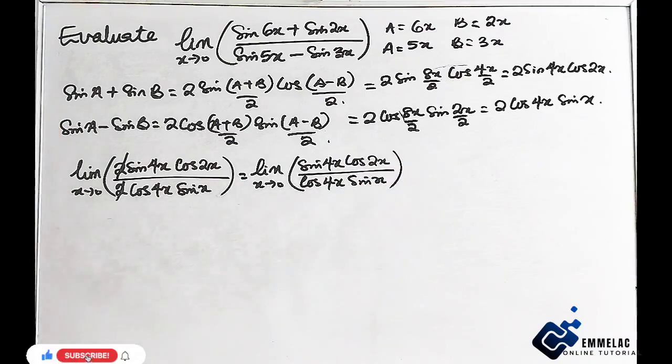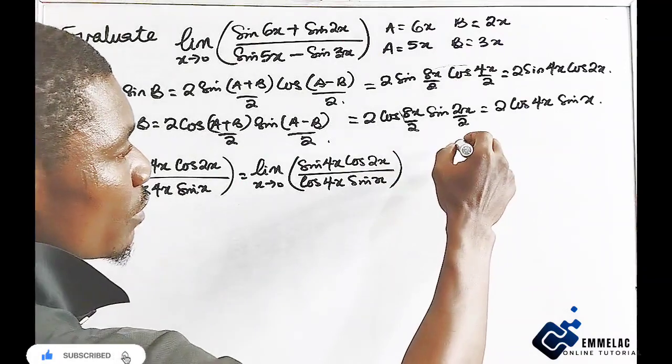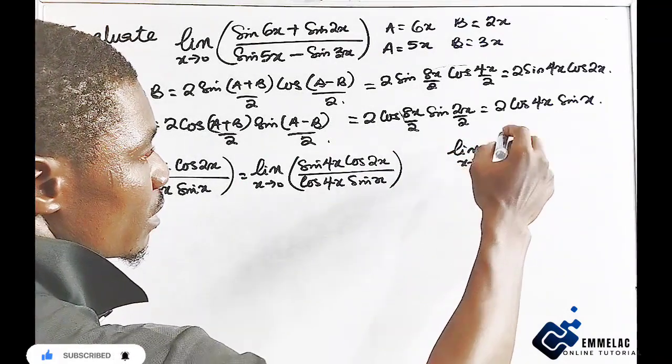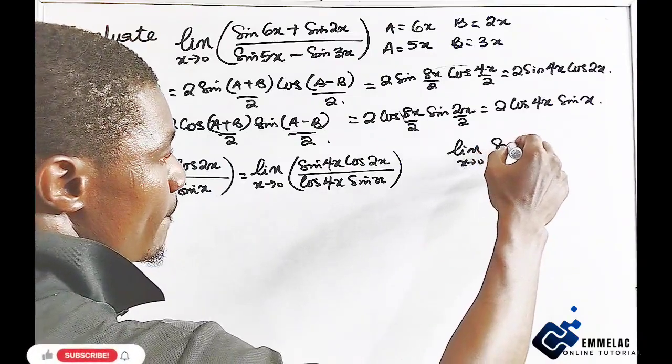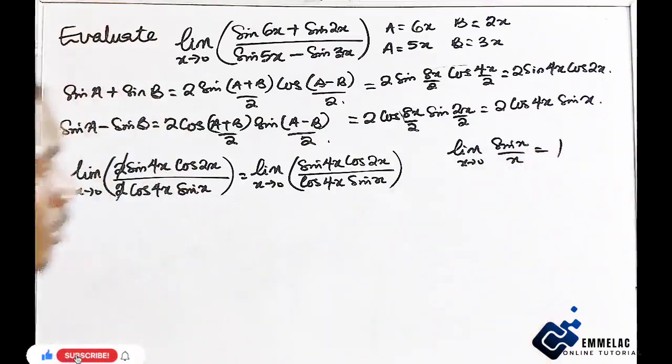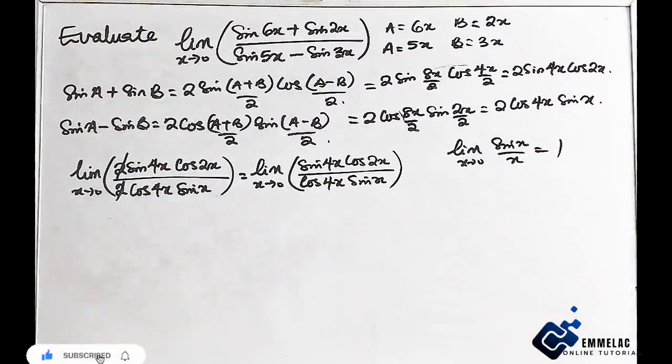Now let us also recall, according to a theorem in the limit, that sin x all over x as x tends to 0 equals 1.